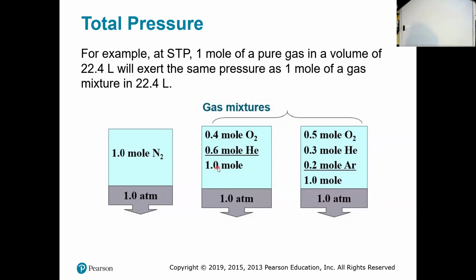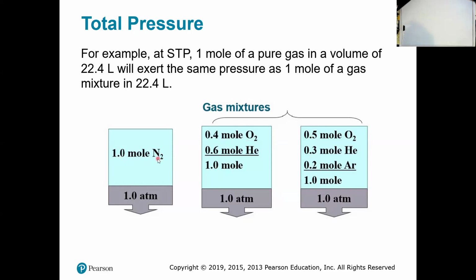It adds together to 1 mole, and the pressure is still going to be 1 atmosphere. This is going to be true at standard temperature and pressure, obviously. The correlation between 1 mole of gas occupying 22.4 liters is only going to be true at standard temperature and pressure. But for all of these, we're seeing that the identity of the gas doesn't matter.